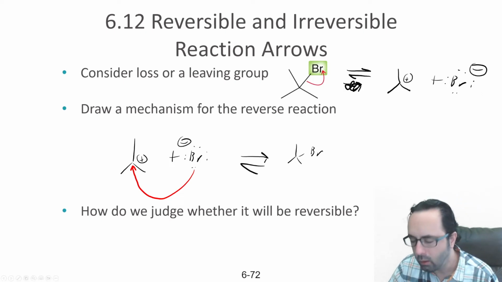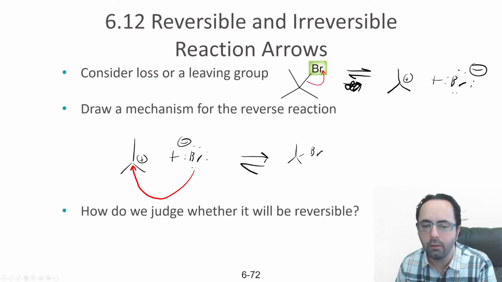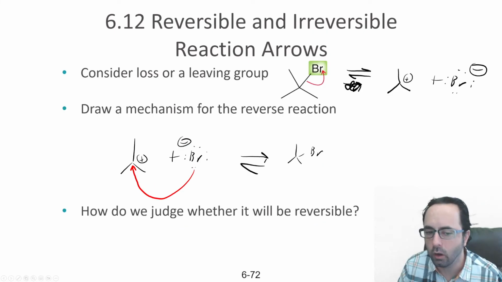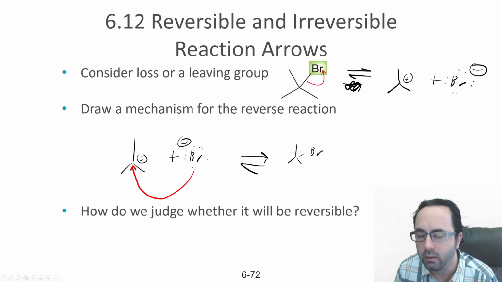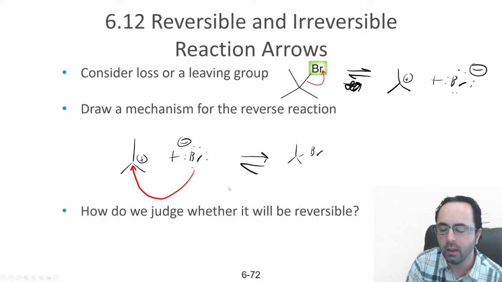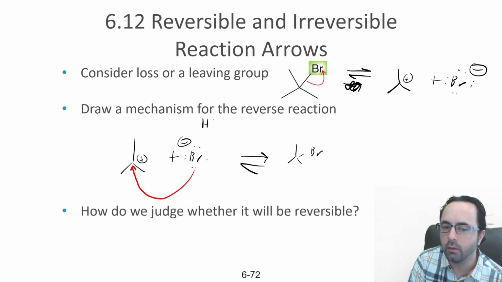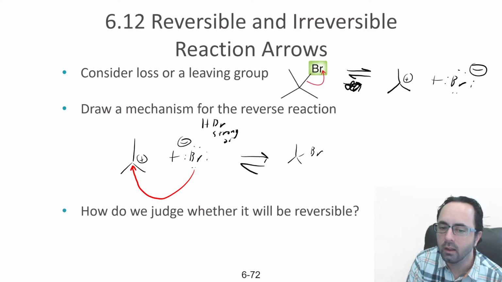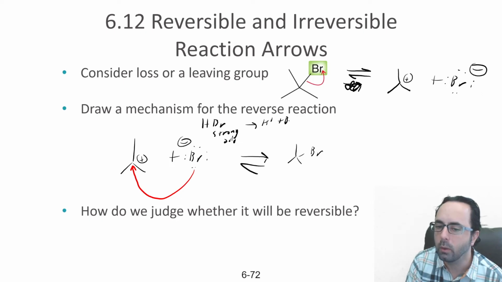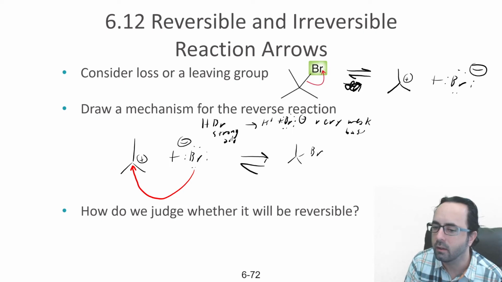Why? Because the bromide is a good leaving group. It stabilizes the negative charge very well. I can tell based on ARIO. If I think of the conjugate acid HBr, this is a very strong acid. It's very okay with stabilizing this charge. So we can say that the bromide ion is a very weak base because the conjugate acid is so strong.